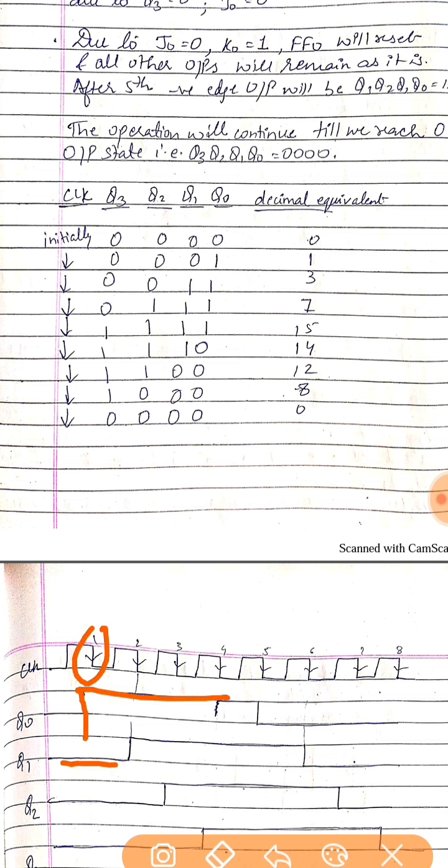At second negative edge, Q1 is set. At third, the third flip-flop, and this is how a Johnson or twisted ring counter works. So this is all about the ring counter and twisted ring counters.